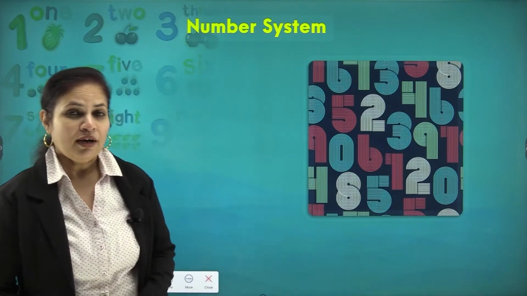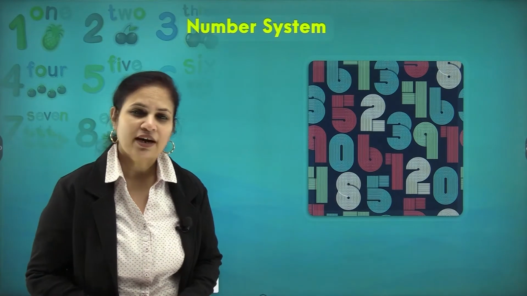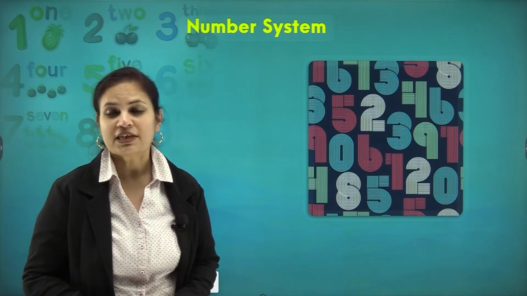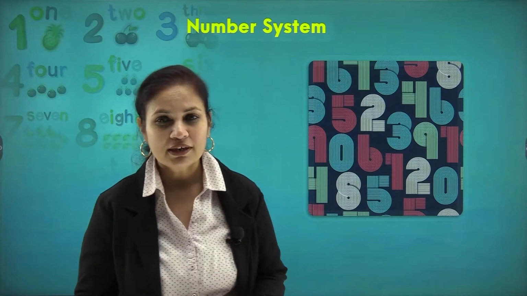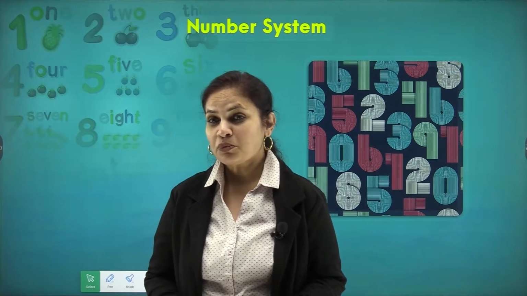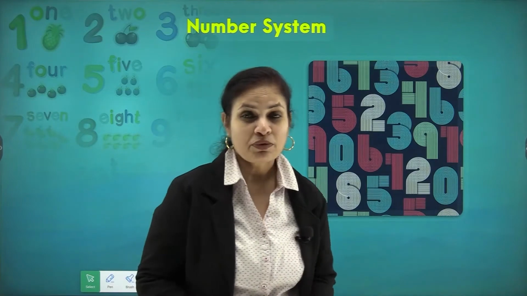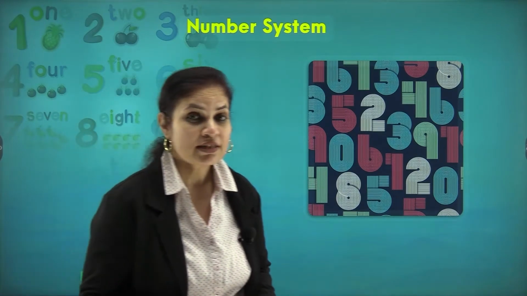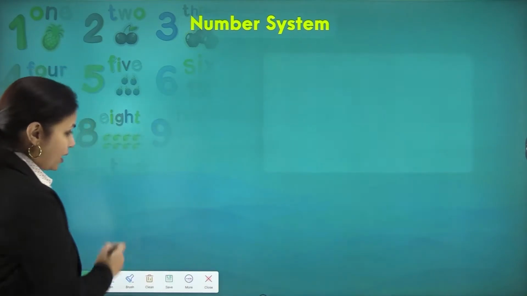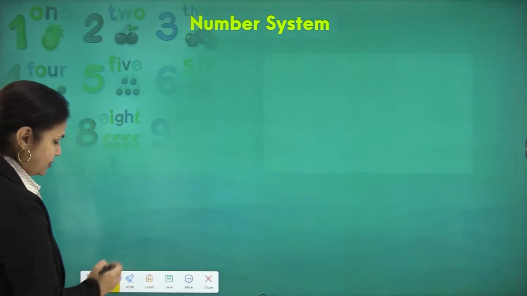So let us start, where did we start learning numbers from? We started learning numbers from our early childhood when we started with counting. Yes, when we started counting objects, we started with counting numbers.